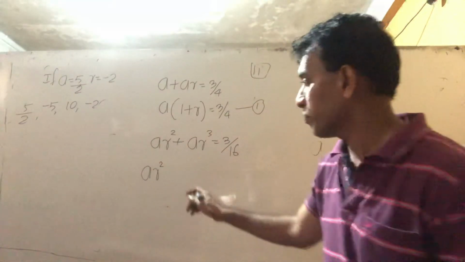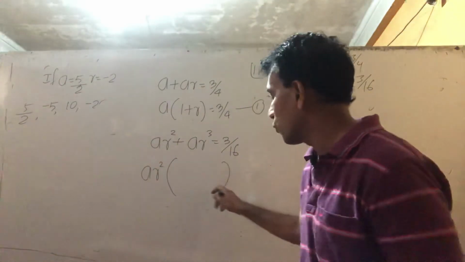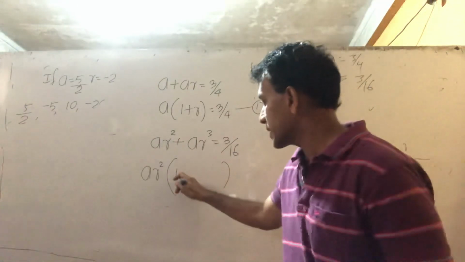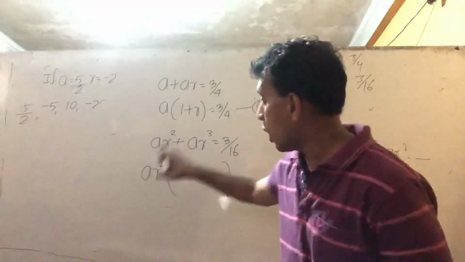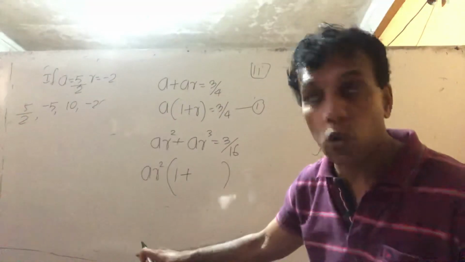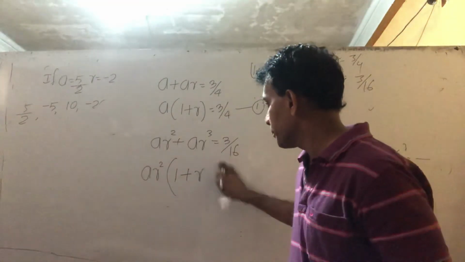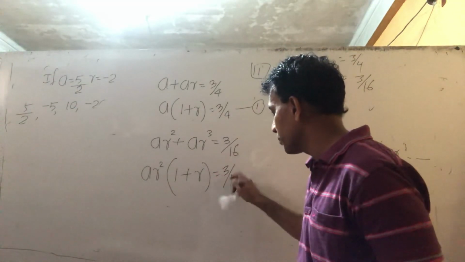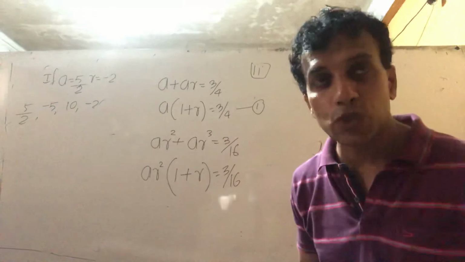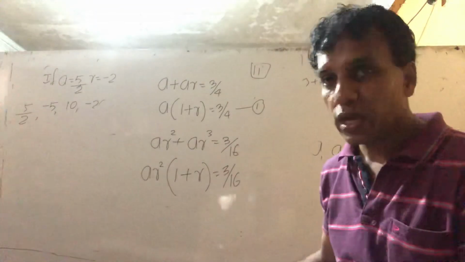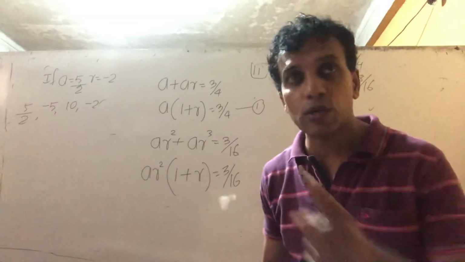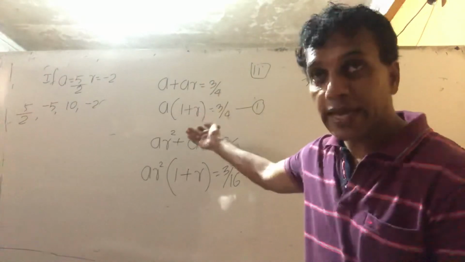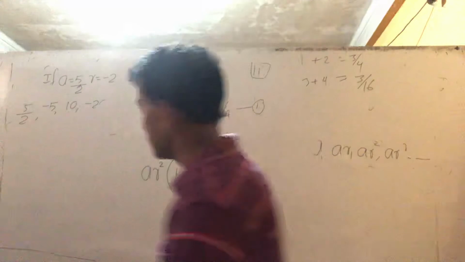So AR square out, 1 plus R, equals 3/16. I have the same method of solving: divide one by the other, so that A cancels, you can find R. Once you know R, you can substitute, find A and write the answers.